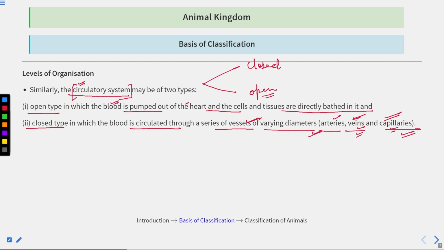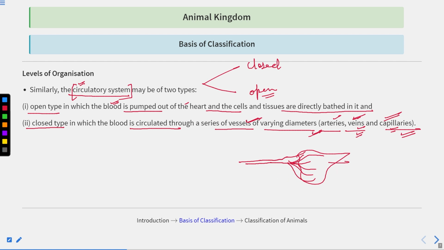In the same way, different veins coming out from the different parts of that organ come and unite together and form one particular vein. So suppose this is an organ, here the capillaries are coming out from the different parts of the organ and uniting together to form one particular vein.